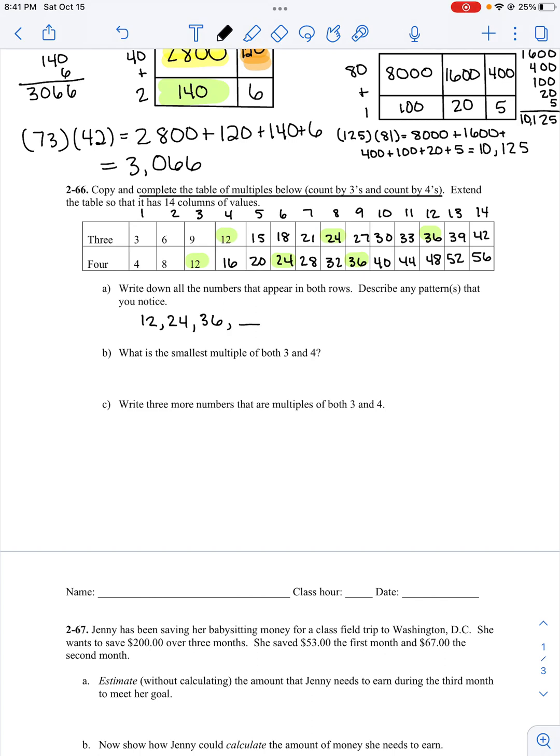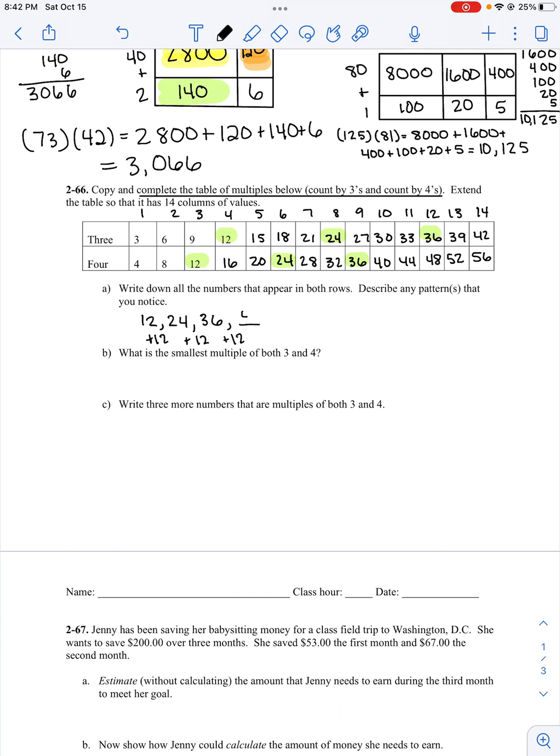What pattern? What would come next in this pattern? So if I think about it, 12 times 2 is 24. 24 times 2 is not 36. Okay, so it's not multiplying by 2 each time. 12 plus 12 is 24. 24 plus 12 is 36.